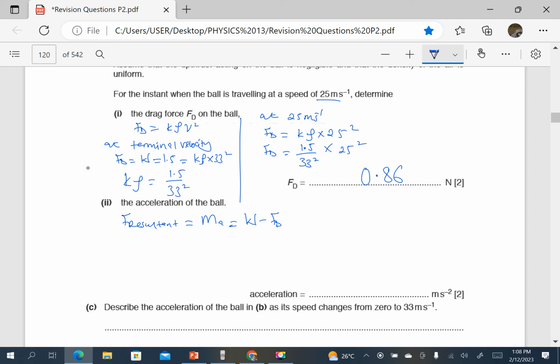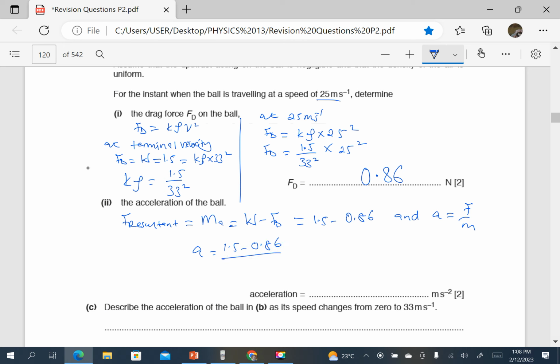The weight was 1.5 minus the drag force, which is 0.86. And because I want acceleration, it is going to be the resultant force divided by the mass. So acceleration is the difference, 1.5 minus 0.86, divided by the mass.